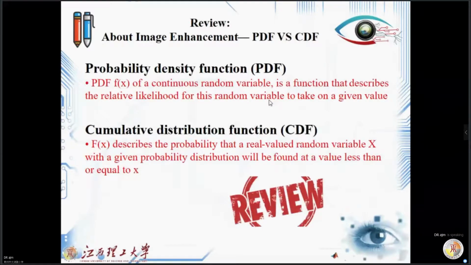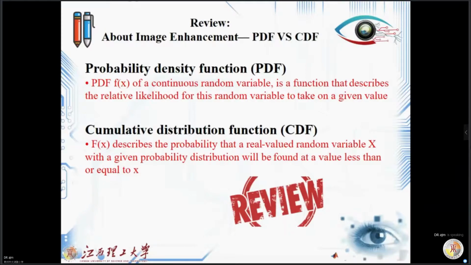The PDF, or probability density function, describes the relative likelihood for a random variable to take a given value.